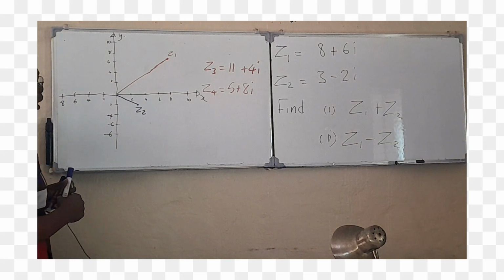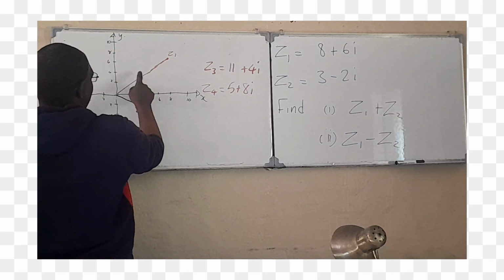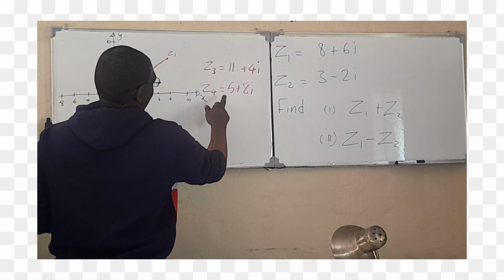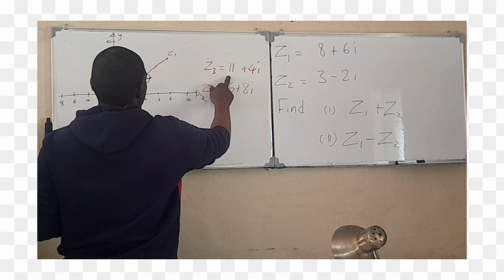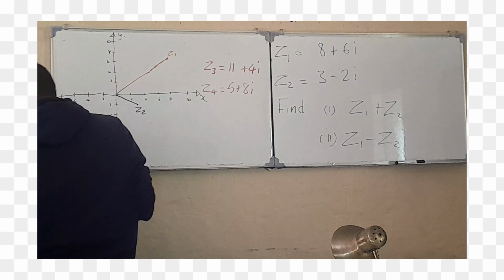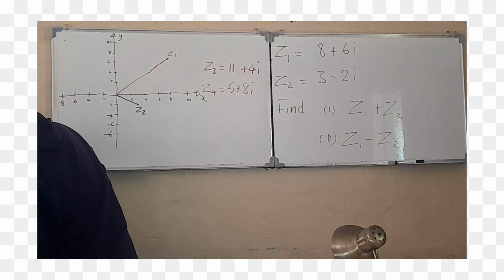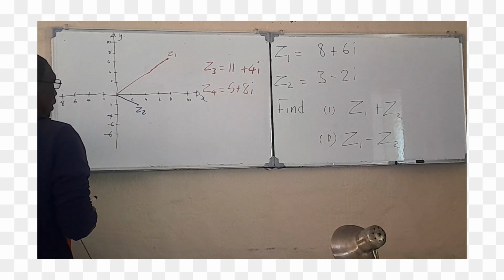All right. Now what does Z1 and Z2 combine to? They combine to 11 plus 4i. I'll plot it in green.